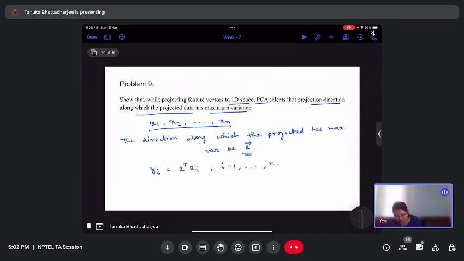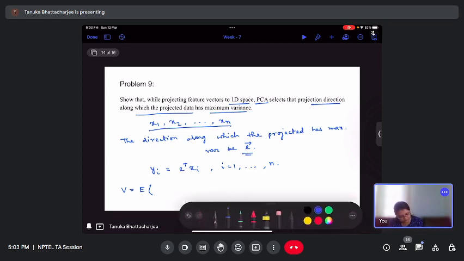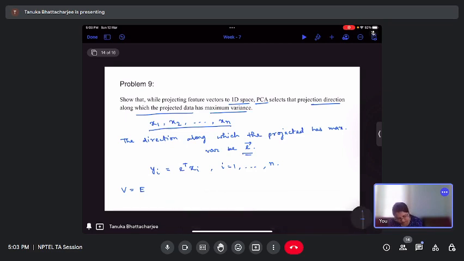So, you have to compute the variance of this projected data. Variance is basically expectation of yi minus, let us say, mu tilde square, where mu tilde is basically the expectation of yi. So, this is the formula for variance of yi.